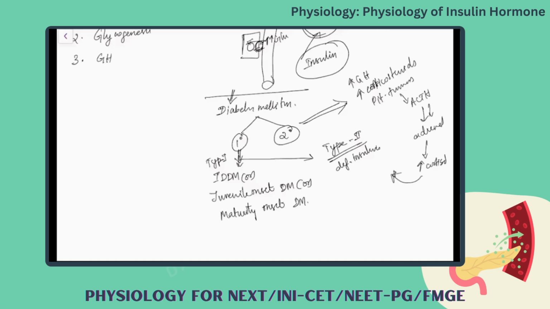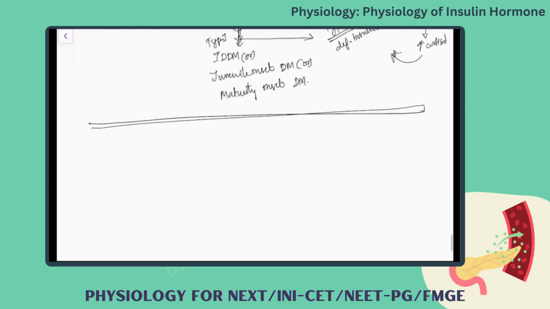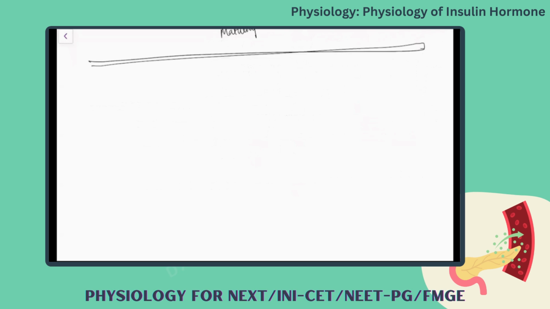Okay, so like this, if the cause is other than the pancreatic hormone insulin, and it is increasing the blood glucose, then you call it secondary diabetes mellitus. So this completes the endocrine physiology, and now we are moving on to the reproductive system.